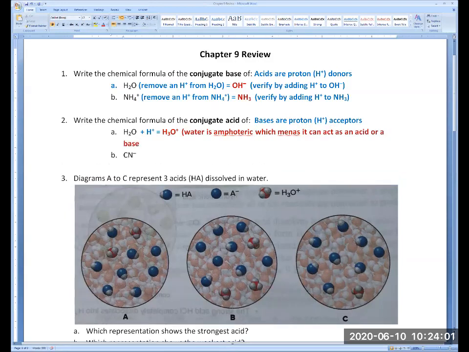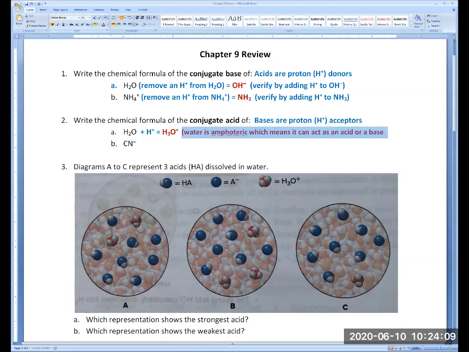It can do both. Amphoteric is the term to say that. It can act as an acid or a base, depending on what you put it with. When it acts as a base, it's a proton acceptor, accepts protons and becomes H3O+.